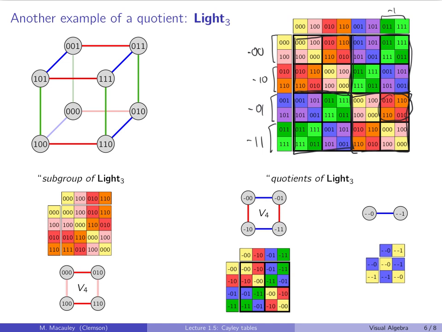Things in here end in 0, things in here end in 1, things in here end in 1, and things in here end in 0. So this is a group with just 2 elements. If you add anything that ends in 1 to something that ends in 1, you get something that ends in 0. So this is a quotient.